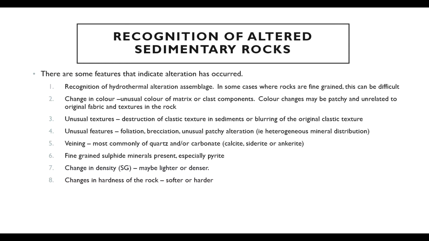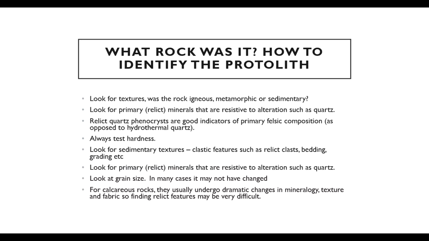Does it still maintain some degree of layering? Is that bedding? How does the grain size vary? What kind of assemblages have we formed? Are they highly aluminous, or are they weird carbonate minerals? These are the telltale signs for establishing the protolith.